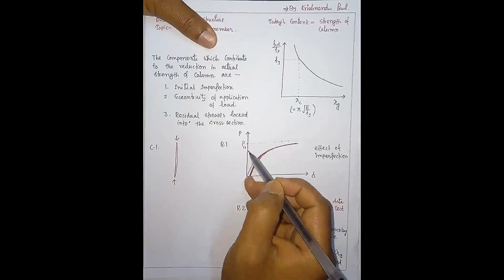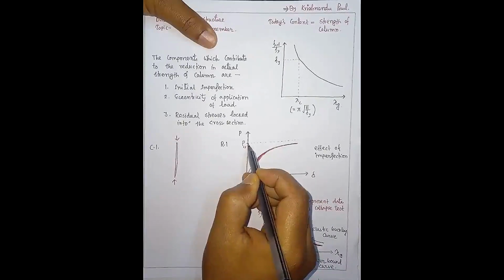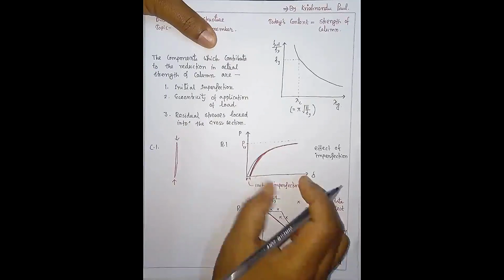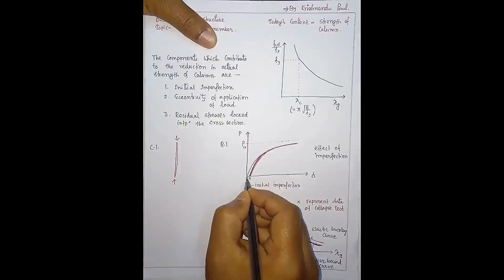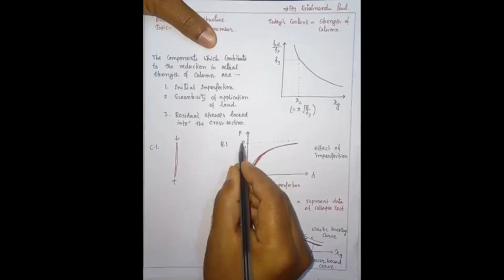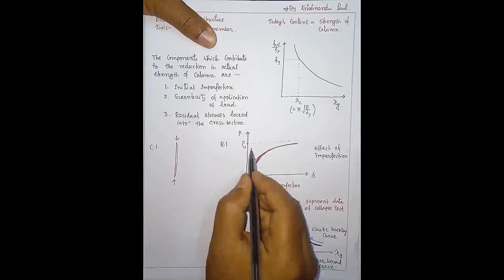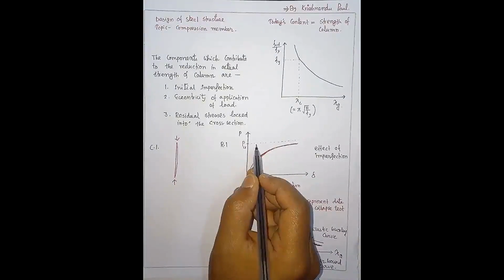When the load reaches this PCR value, that is the buckling load or crippling load, then the member will deflect. That means buckling will start. Whenever we increase the load from 0 and go up, after reaching PCR it will show some deflection.